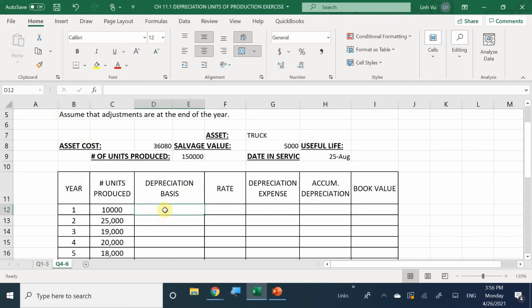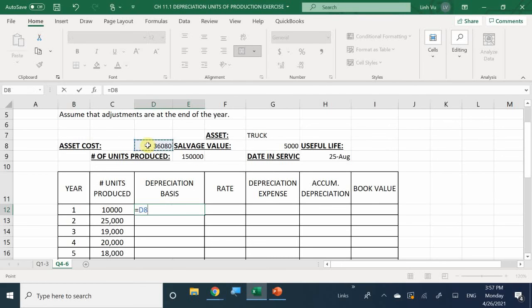So what is going to be my depreciation basis for the first year? 1,320. No. What's the depreciation basis going to be?